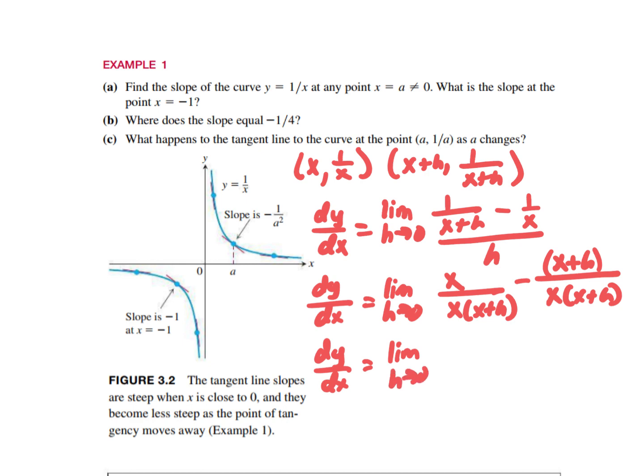Now when I go ahead and distribute my negative sign, I would get x minus h with the common denominator. I can see that my x's in the numerator cancel.